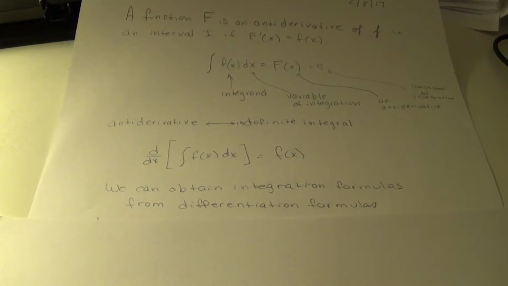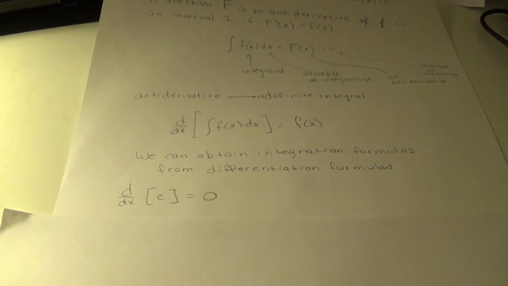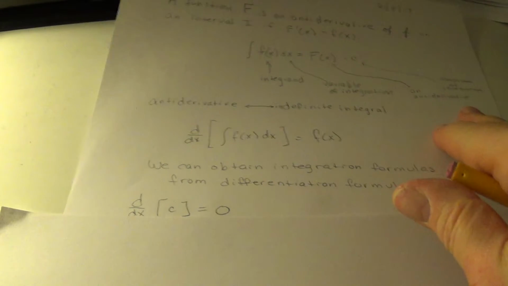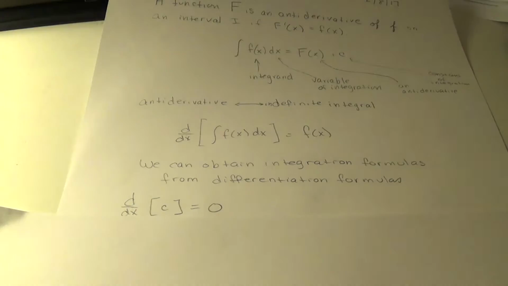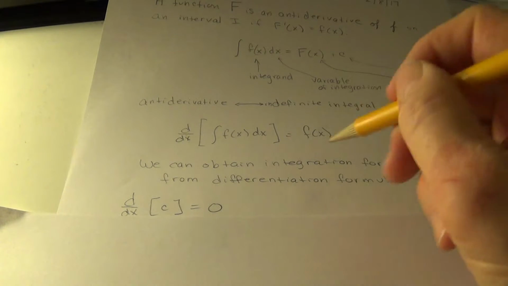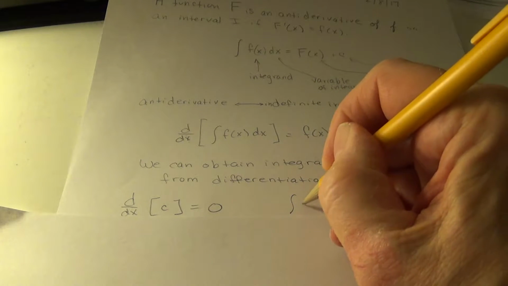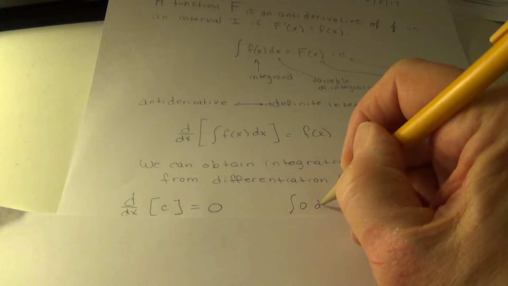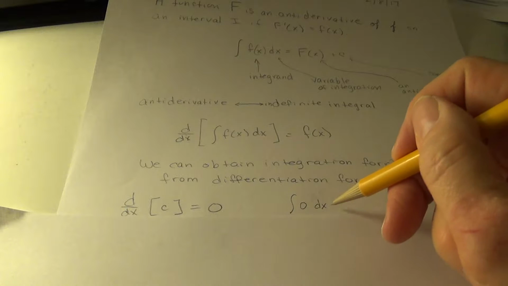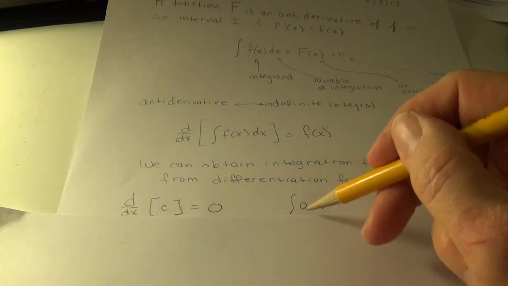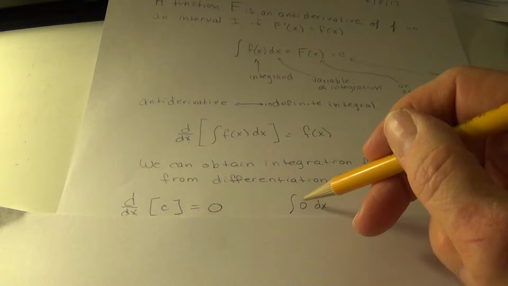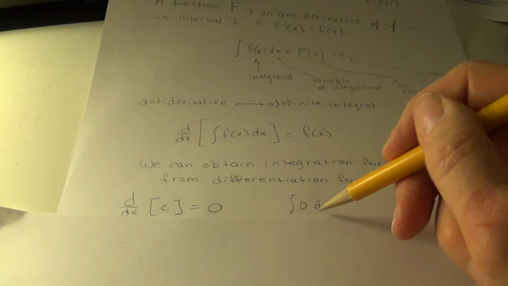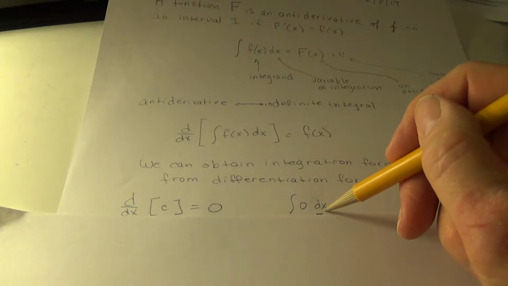One undoes the other. So let's start then with the derivative of a constant, which we learned is 0. So I can say the integral of 0 dx. This is where it is important, because you have no clue what the variable in the problem is unless I put the dx here.